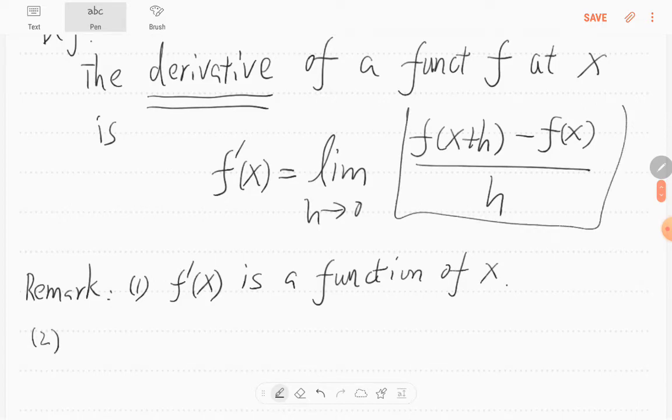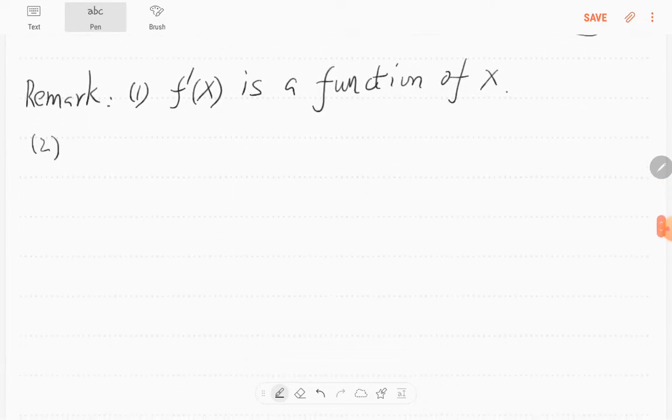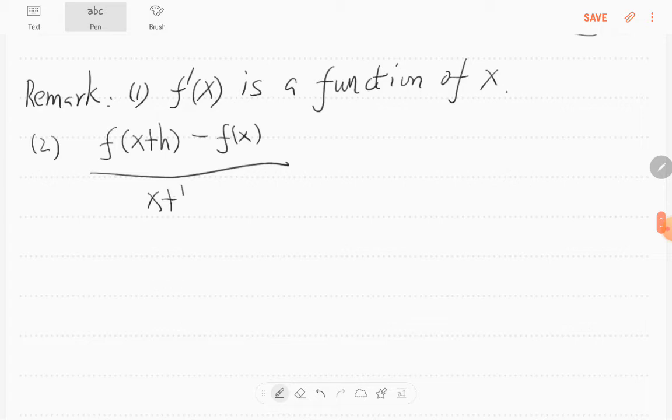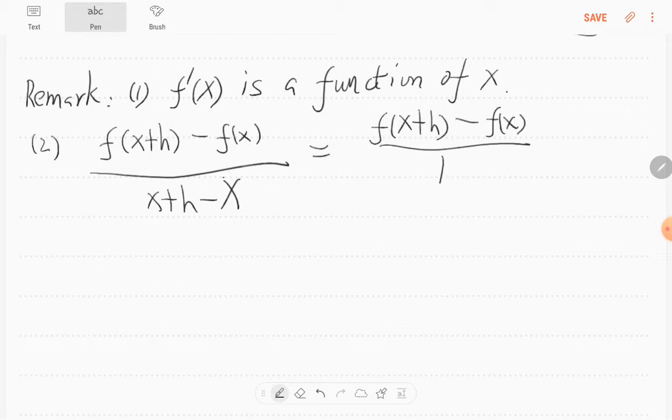2. What is this? This comes from the slope of two points, right? We know two points on the line, so we can use the old-fashioned formula to get the slope, which is f of x plus h minus f of x over h.